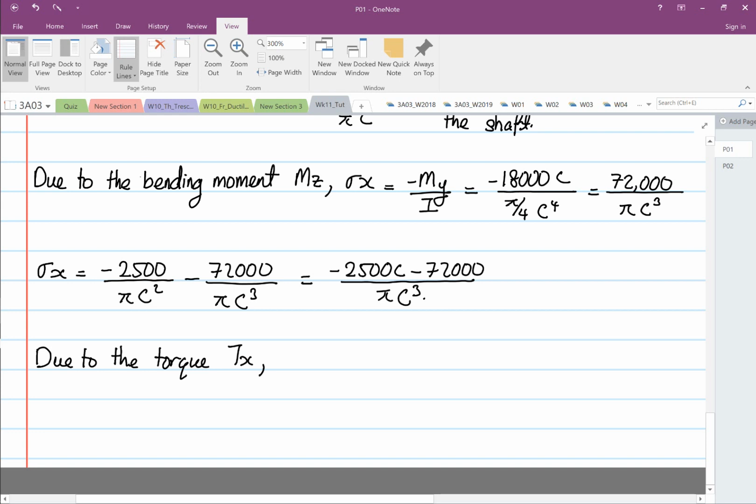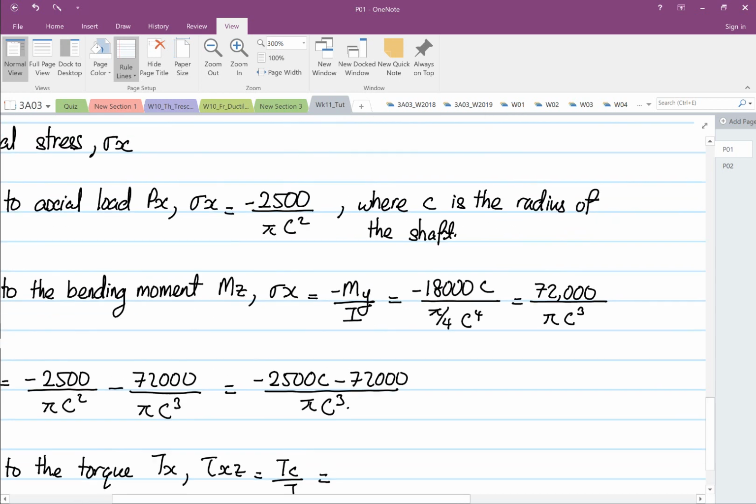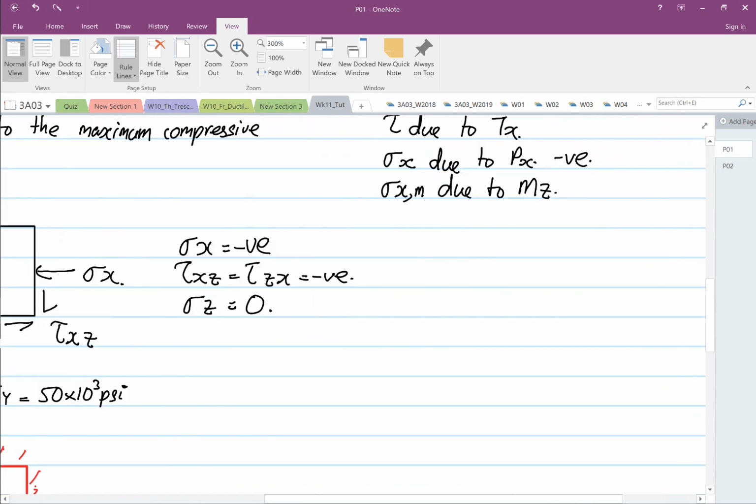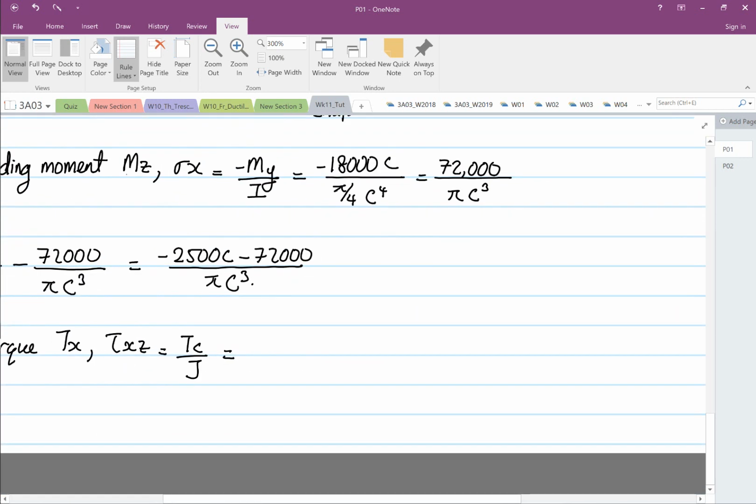So the shear in the xz direction is equal to Tc over J, and then the torque, we calculated the torque to be equal to 227,600, excuse me, multiplied by c divided by pi over 2 c to the power 4. Okay, so this will give you 55,200 divided by pi c cubed.